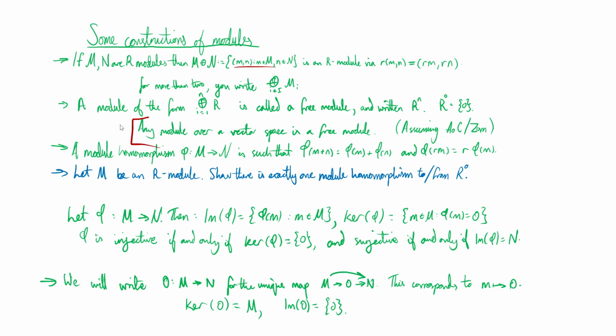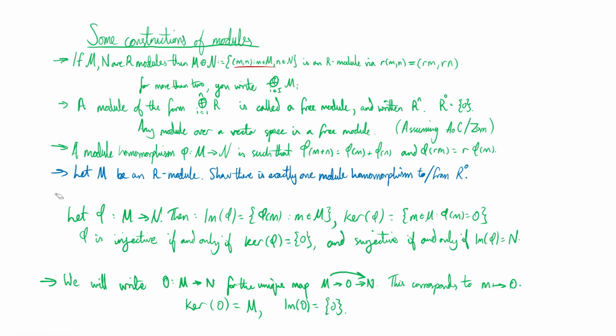So I've talked about free modules and vector spaces. A module homomorphism is a map of the underlying sets, preserving the defining features of a module. So it's an abelian group homomorphism with this action preserving.